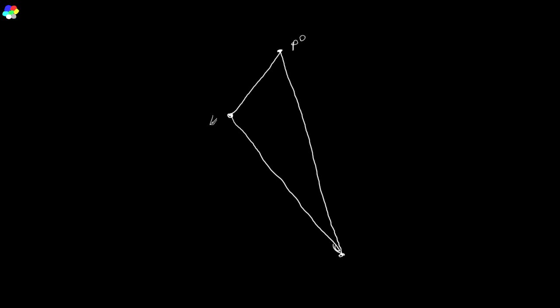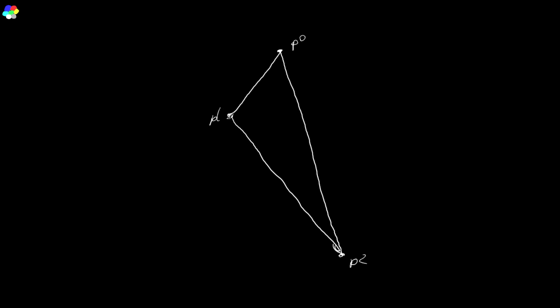So we've got a general triangle. I managed to draw that fairly well. And so how are we going to tackle this? Well, the first thing we do is sort the vertices. So this is going to be P0, P1, and P2.